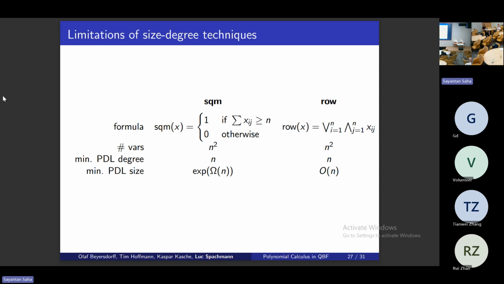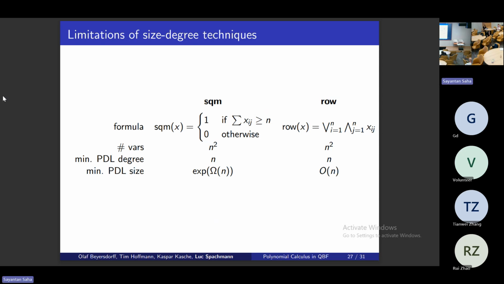I mean, the formal definition is here, but what is important is that both of these formulas have n squared variables. Both of these formulas have a minimum degree of n, but the minimum PDL size of square majority is exponential, and as such, the proofs are exponential. And the minimum PDL size of the row formula is just linear.